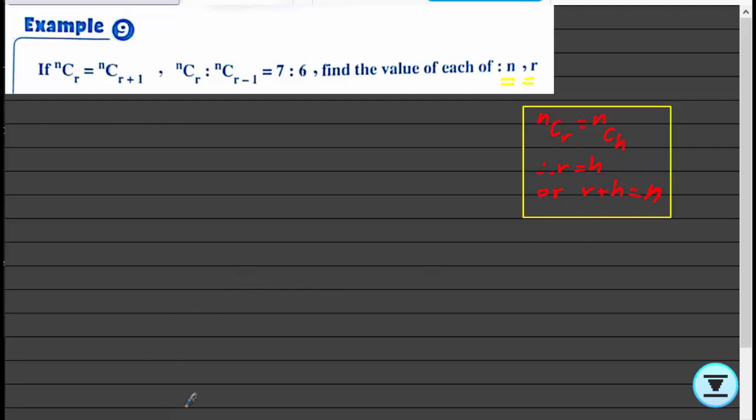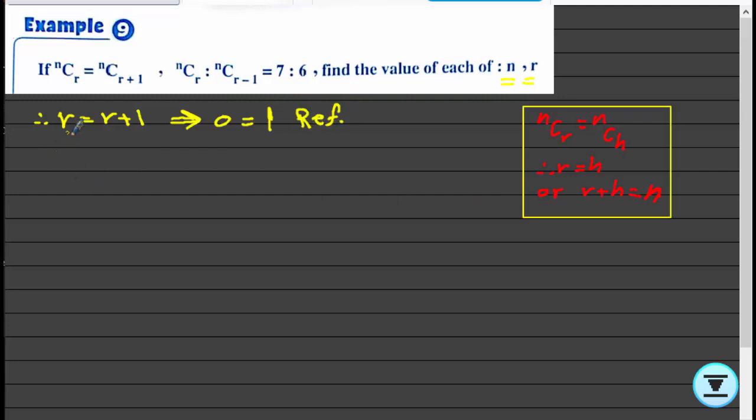Here we have nCr equals nC(r+h). So we have two solutions. r equals r plus 1, and this is impossible. Why? Because it makes r minus r equals 0, so 0 equals 1, and this is impossible. Okay, so this solution is refused.